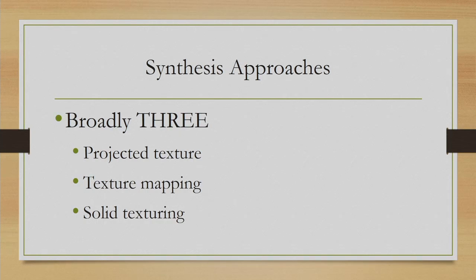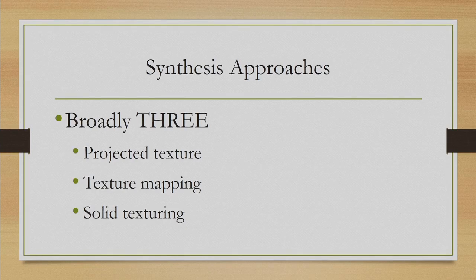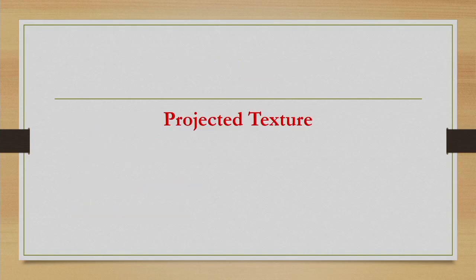We want to synthesize the texture that appears on the surface. So, broadly there are 3 such synthesis techniques. One is projected texture, one is texture mapping, another one is solid texturing. Now, let us start with projected texture.